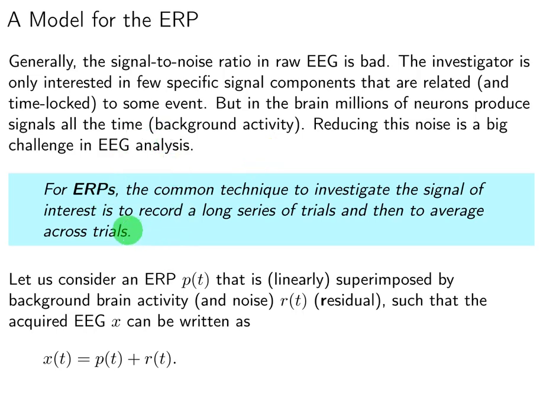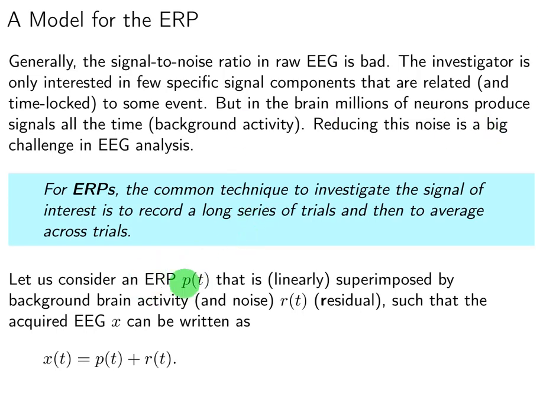One common technique in ERP is to acquire a lot of separate trials of examples of ERPs and then perform simple averaging. This can extract the signal components that are related to the event we are interested in. Let's consider an ERP model.